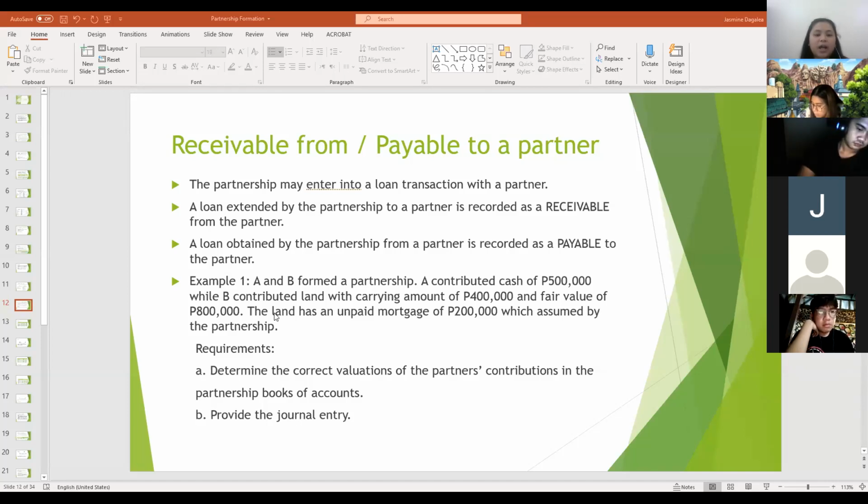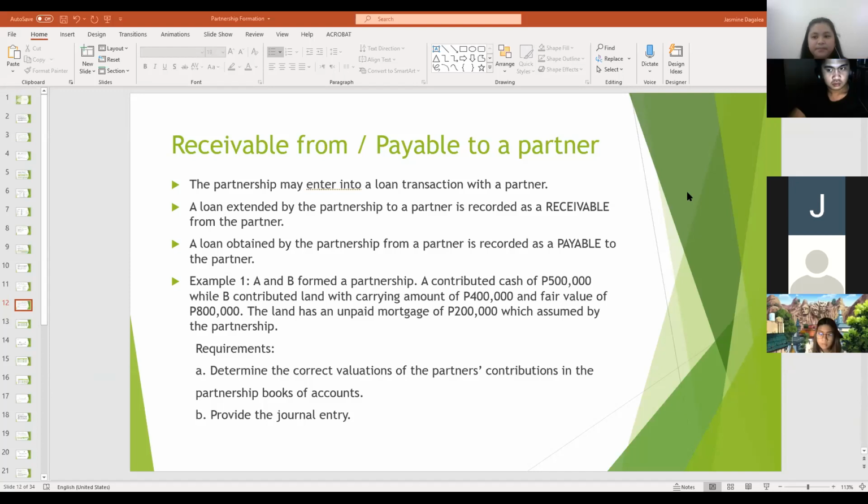So, question, ano yung value ng cash na ire-record sa partnership? How much? Bilis, sagot. Yan, 500,000. Ano yung value ng land?